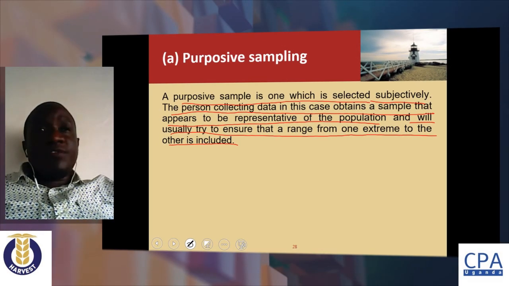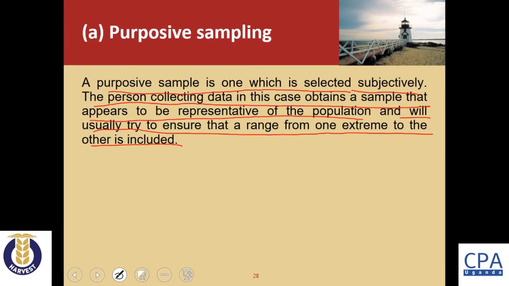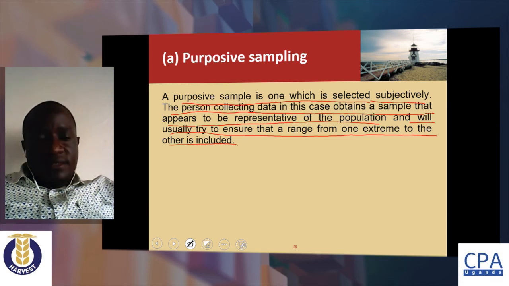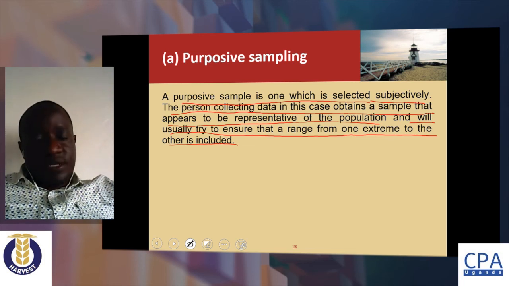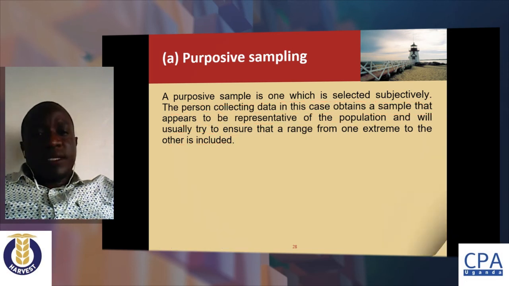For example, if you want to collect information on finance, you cannot go to a person that is an engineer. You have to purposively select the finance persons. If you want information regarding a certain disease, or how to cure a certain disease, you have to go to a medical practitioner. That would be the best person to give you right responses. So you purposively select these people, okay?